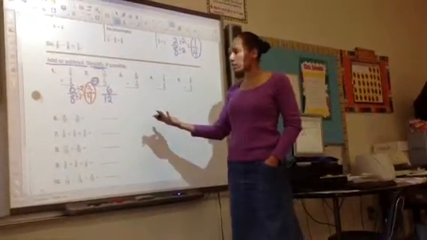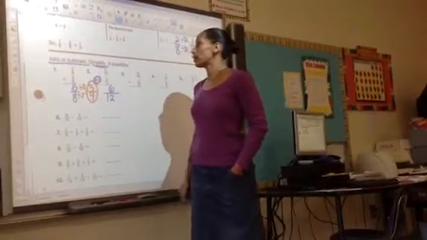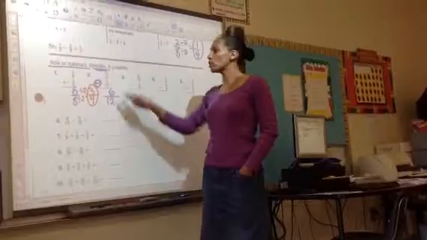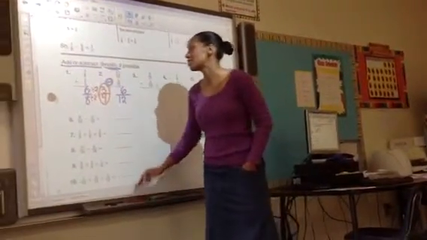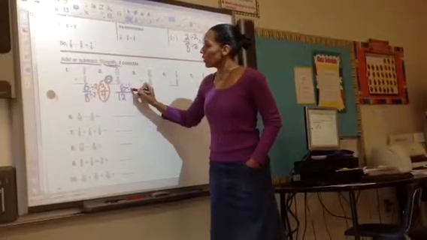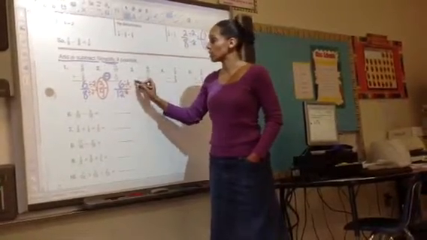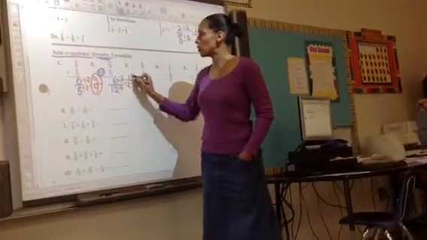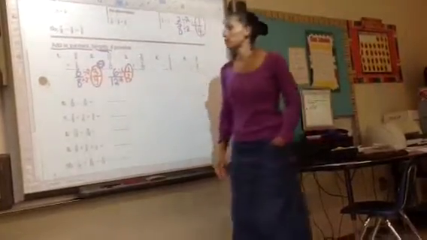The problem with 6/12 that you can see is that I have to simplify it. So I look at 6 and I look at 12 and I think, what is the greatest common factor that they both have? And I know that it's 6. So I'll divide by 6, divide by 6. How many 6's are in 6 would be 1. How many 6's are in 12, which would be 2. And my answer in simplest form is 1/2.